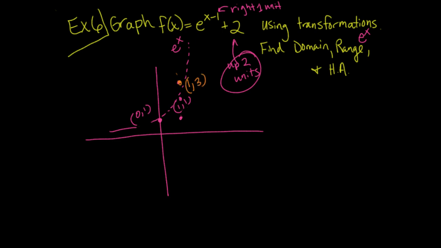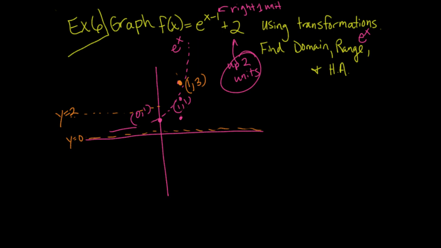So at 1, 3. Now, if your original horizontal asymptote is y equals 0, as x approaches negative infinity, then shifting it up is going to give me a horizontal asymptote at y equals 2. So that's really all you need for graphing.